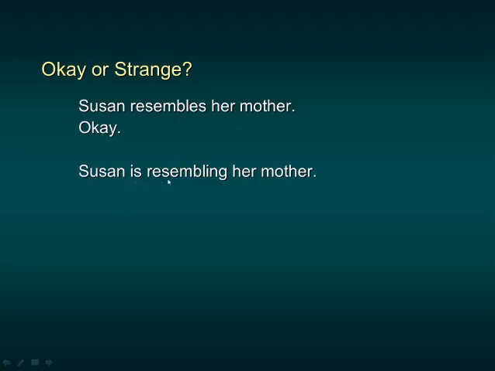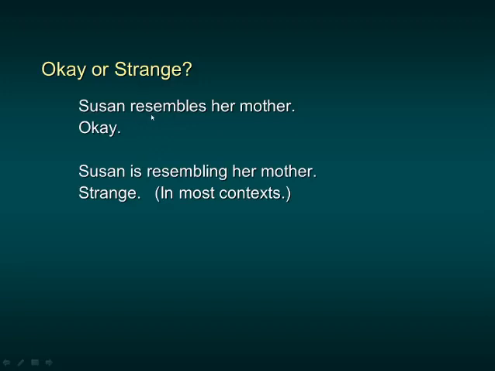Susan is resembling her mother. Strange in most contexts. We are not using the resembling, ing form, that means progressive or continuous tense, because resemble is a stative verb. You see, stative verb. But in some contexts it is used. Most of the time we are using only this simple present form.